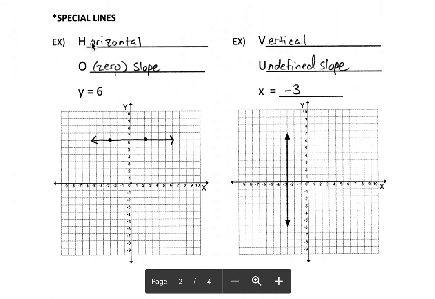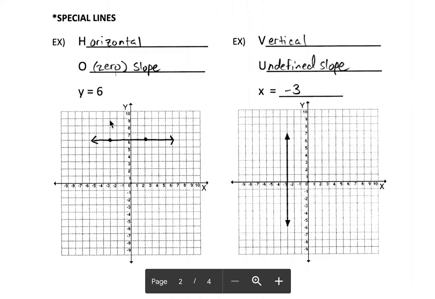So the H in our HOI is going to remind us that we have a horizontal line. This O, which we can think about as a 0, is going to tell us that we have a 0 slope on a horizontal line. And the Y piece of our acronym is reminding us that we write equations of horizontal lines by using y equals a number. That number is actually the same as the y-intercept.